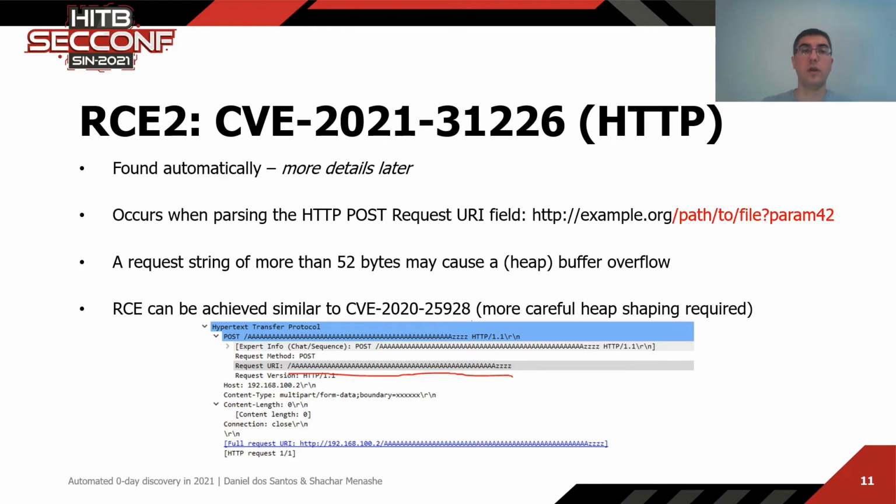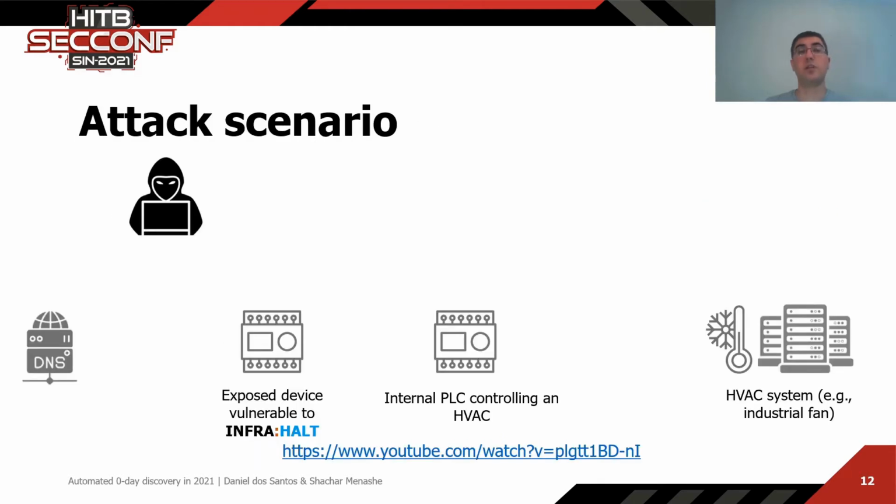Where if you have devices that are externally exposed and vulnerable to Infra:Halt, and then you have internal devices that may also be vulnerable to other things and that are controlling critical operational technology processes, such as heating, ventilation, and air conditioning in a smart building, in a data center, or in any place that needs temperature control, for instance.